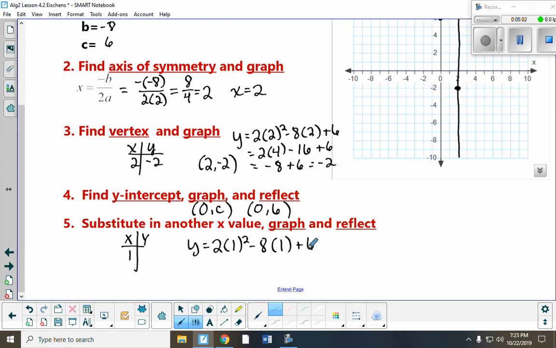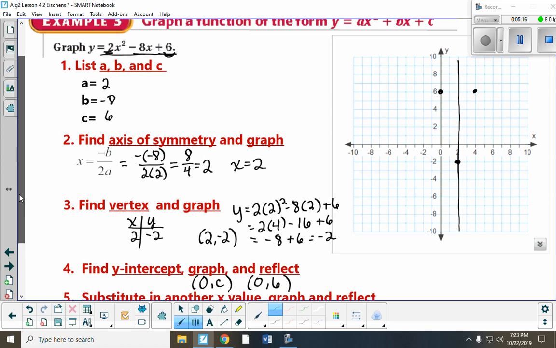So again, we substitute back into your original equation. So that's 2 minus 8 plus 6. And that gives you 0. So when we substitute in 1, the output is 0. So 1, 0, and then we reflect that over, and there is your parabola.